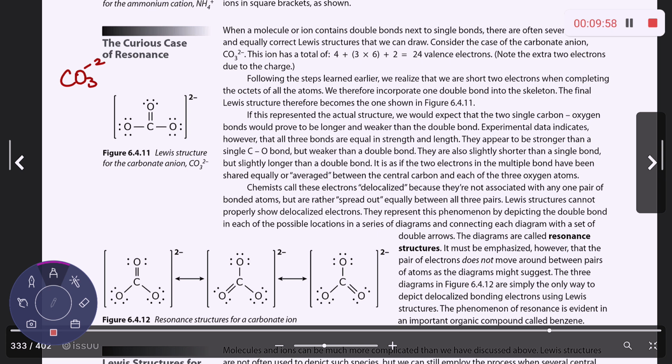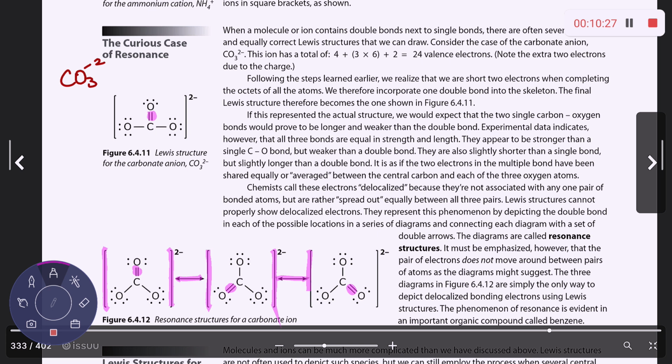Couldn't you have put this double bond on any one of those oxygens? And it's kind of equivalent, okay? So when you have something like that, you have to show all 3. You have to put double arrows in between the structures. And regardless of whether it's an ion or not, you have to put brackets around the chemical structure that you drew.